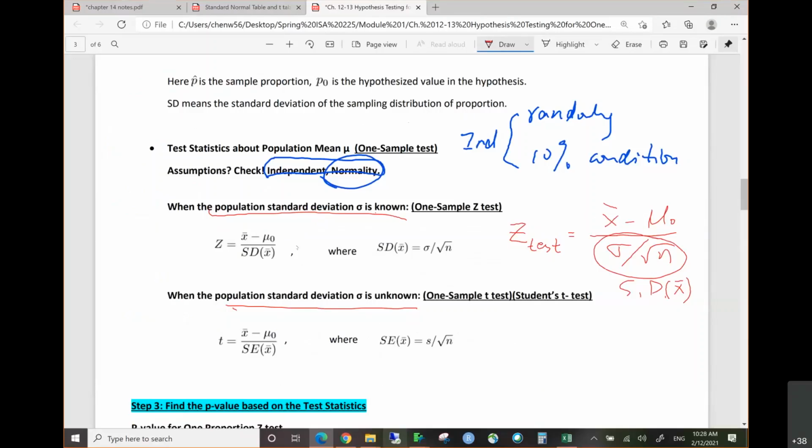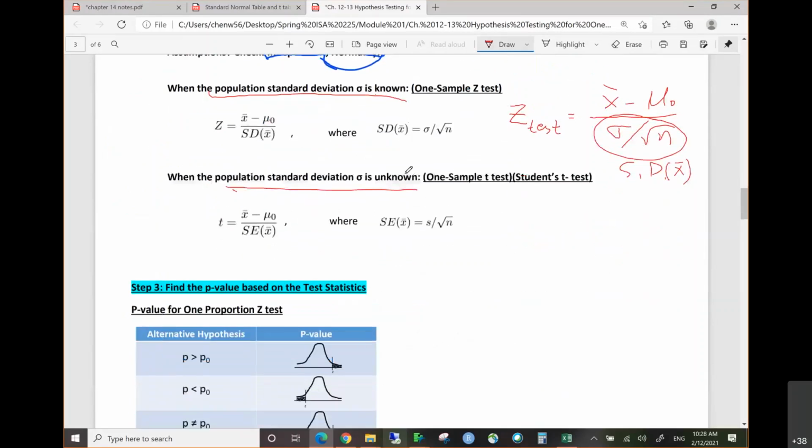All right, so now we have two samples. We want to test about the difference between these two population means. Think about what we can have for the z-test statistics for testing about the difference between mu1 minus mu2.